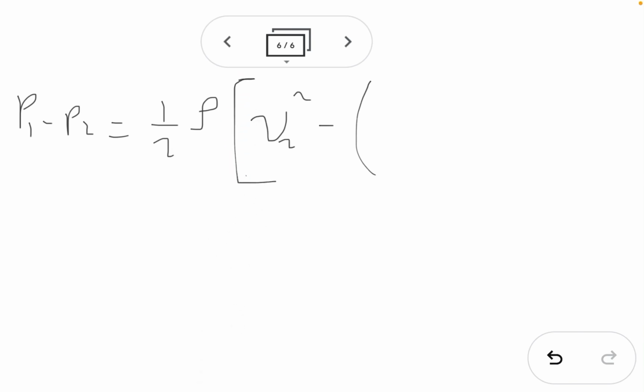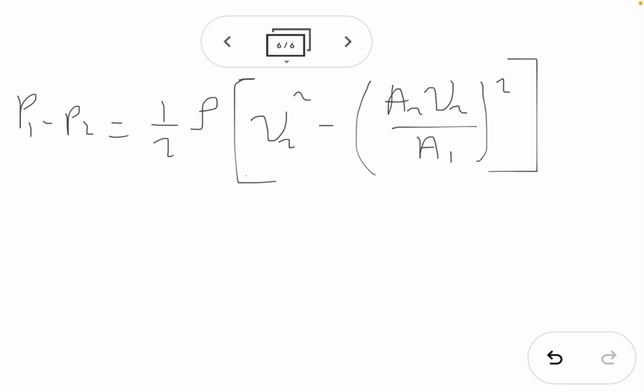Let me just put these brackets. The expression that we just obtained for V1 was A2 V2 over A1, all squared. I hope it is making sense now.